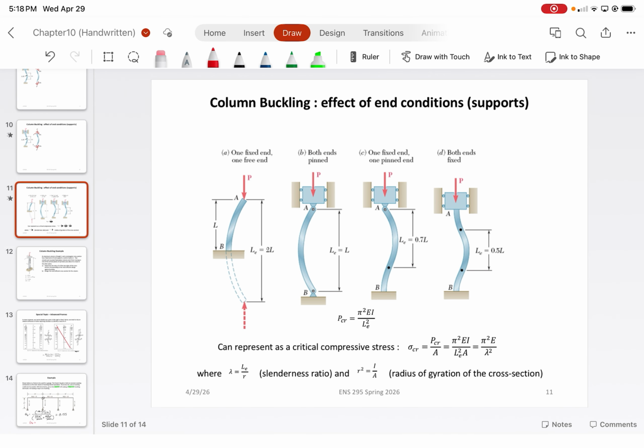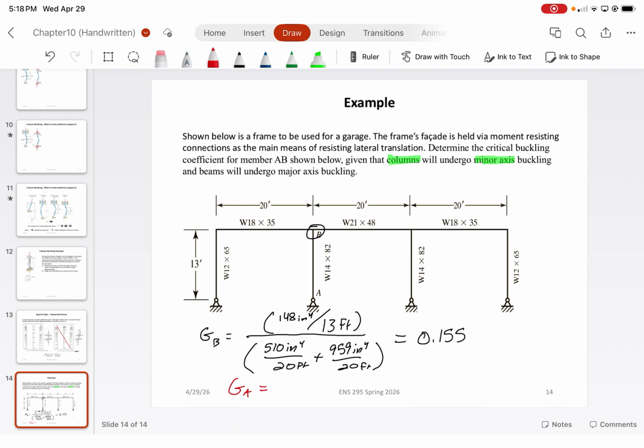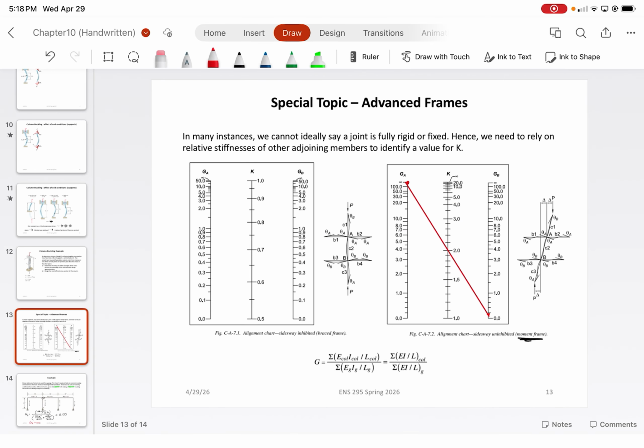Let me see something. This would be for a fixed pinned, which I don't think makes too much sense. Right, because it's a moment frame. Basically, side sway can be inhibited. Yeah. So GA we would just assume is equal to infinity. And so our K value would just be, from what we get, is equal to 2.